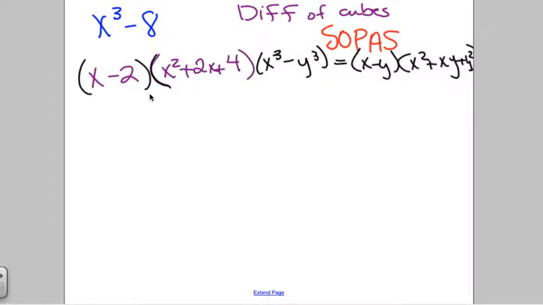So this x minus 2 times x squared plus 2x plus 4 is my answer. And whenever I do a difference of cubes, this is always prime. That means it cannot be factored anymore.